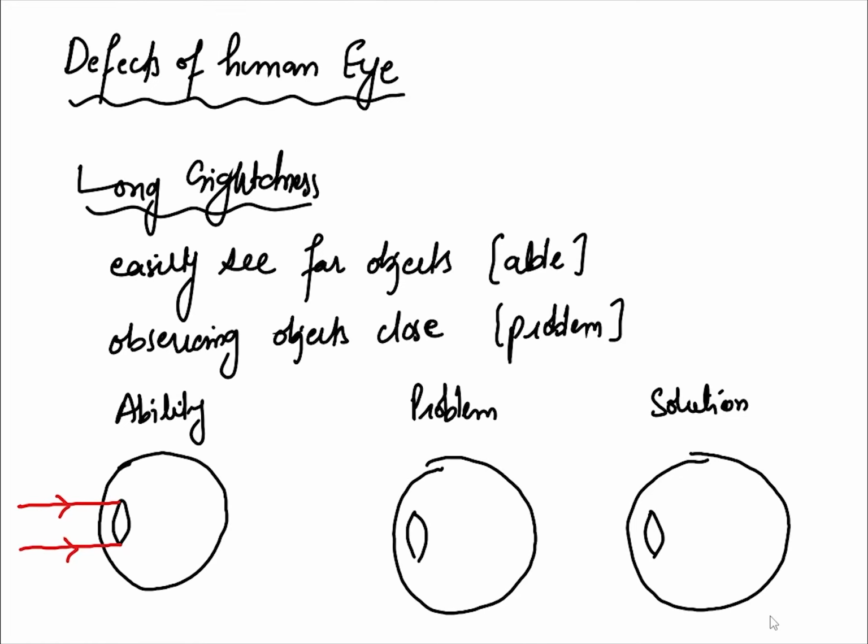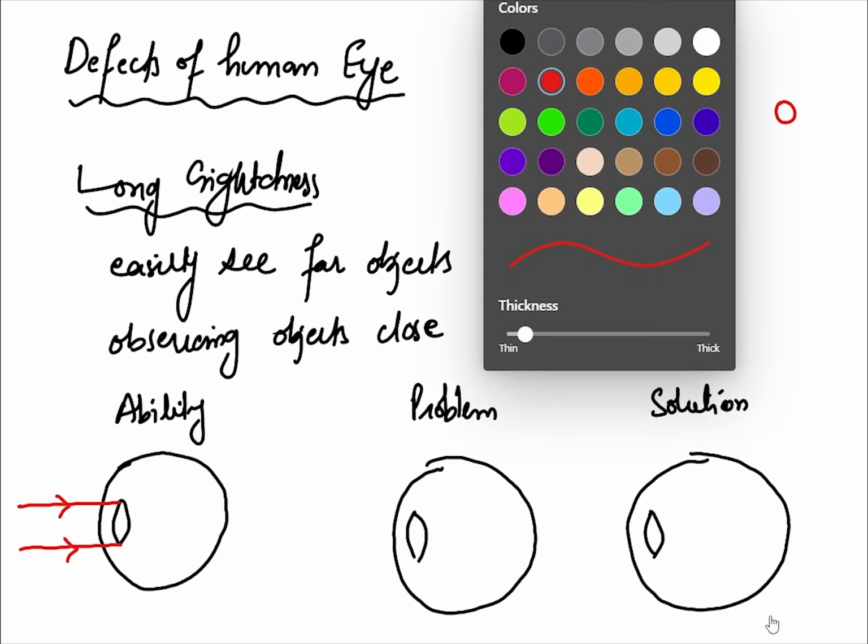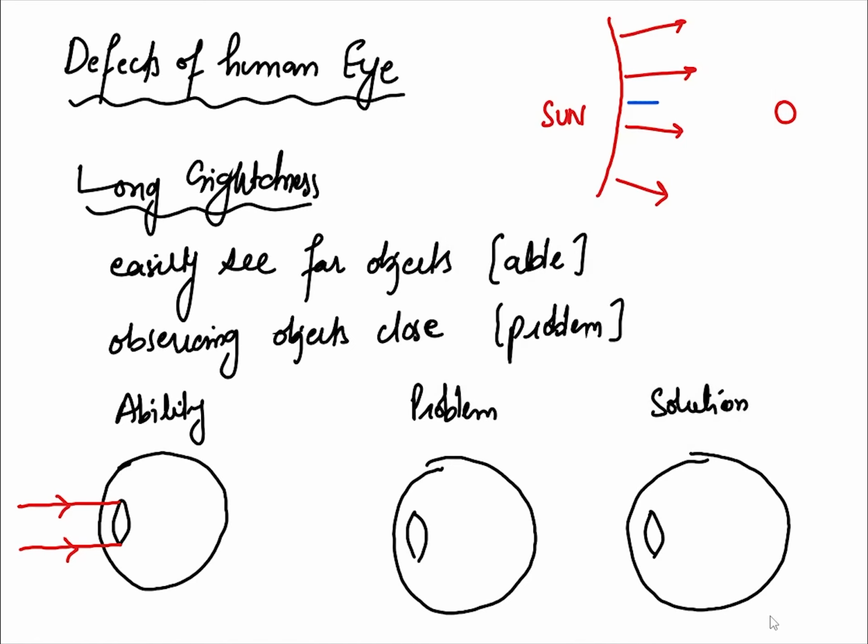Just to give you a perspective, if this is the sun's surface and this is the earth, although we know that the light of the sun is diverging outwards like this, the earth is so small in comparison to the sun that the light rays actually reaching the earth are almost parallel to each other. They give us this impression.